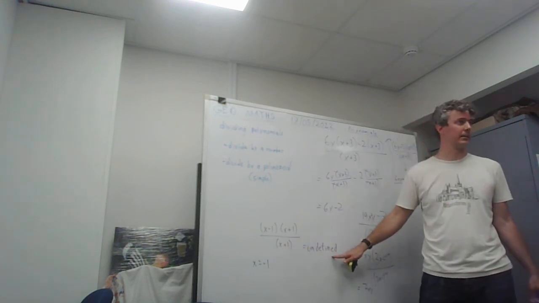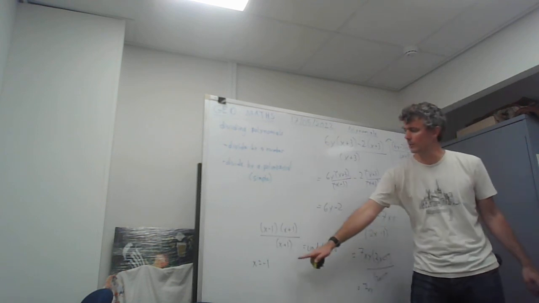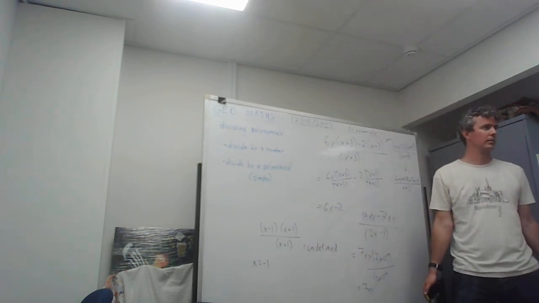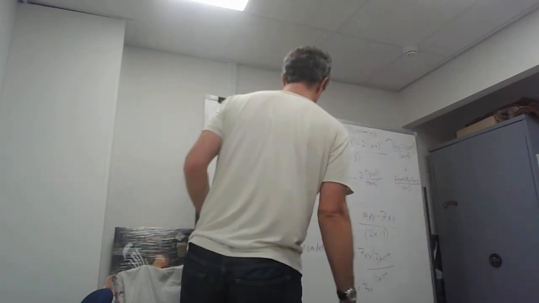Whenever you have a 0 on the bottom, it becomes undefined. But it's only because we know x is minus 1. So this problem we can probably solve because we can get rid of these without worrying about it.